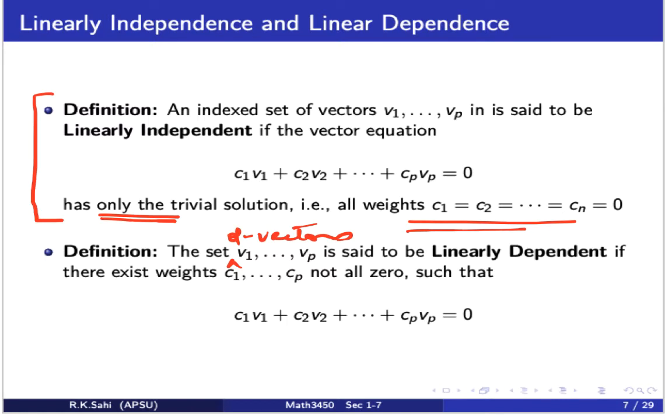In a very simple way, if a homogeneous linear system has only the trivial solution, then it simply means that the corresponding set of vectors is linearly independent. On the other hand, if the homogeneous linear system has a non-trivial solution, it implies that the corresponding set of vectors is linearly dependent. Straight and simple.